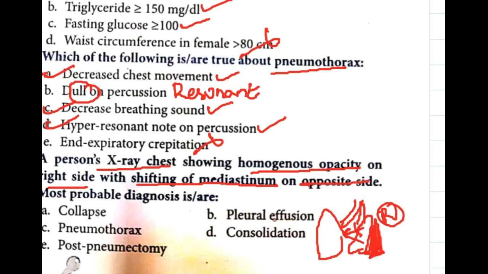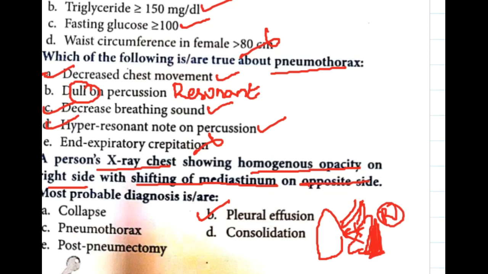It is homogeneous, so it is pleural effusion, and there is shift to the left. Pneumothorax will also have shifting of the mediastinum to the opposite side, but the difference is that in pneumothorax you won't see an opacity. You will see a dark shadow. Darkness will be seen. Right?